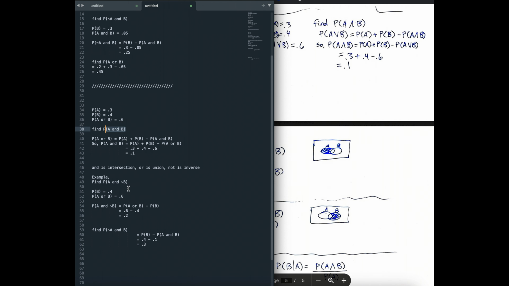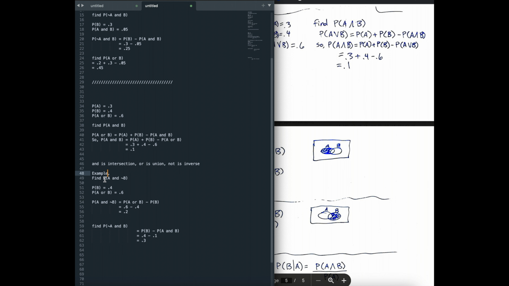All right, another one right here. So find probability of A and not B. So we're given probability of B, and we're given probability of A or B. These are just repeated from right here. So probability of A and not B is equal to probability of A or B minus the probability of B. So you can see that visualized right here.